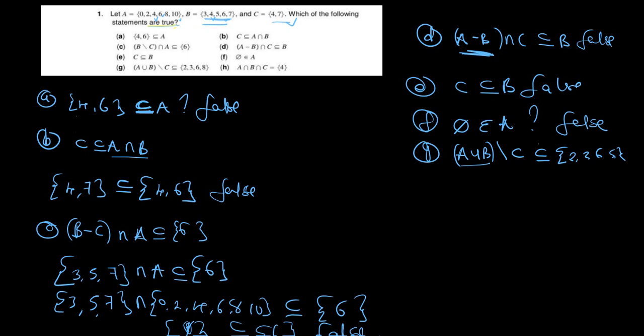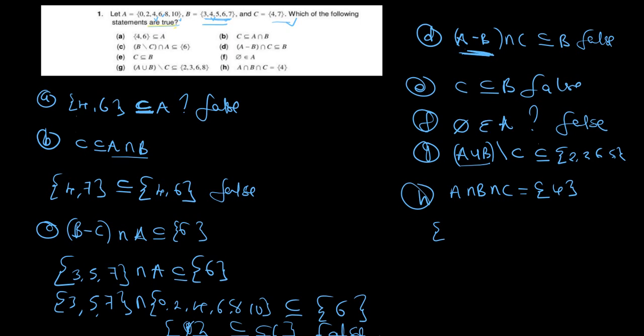Okay, so now having H, H is telling us that A intersection B intersection C should give us the member 4. Is this true? We test everything found in A, B and C, that can be found in all three sets.